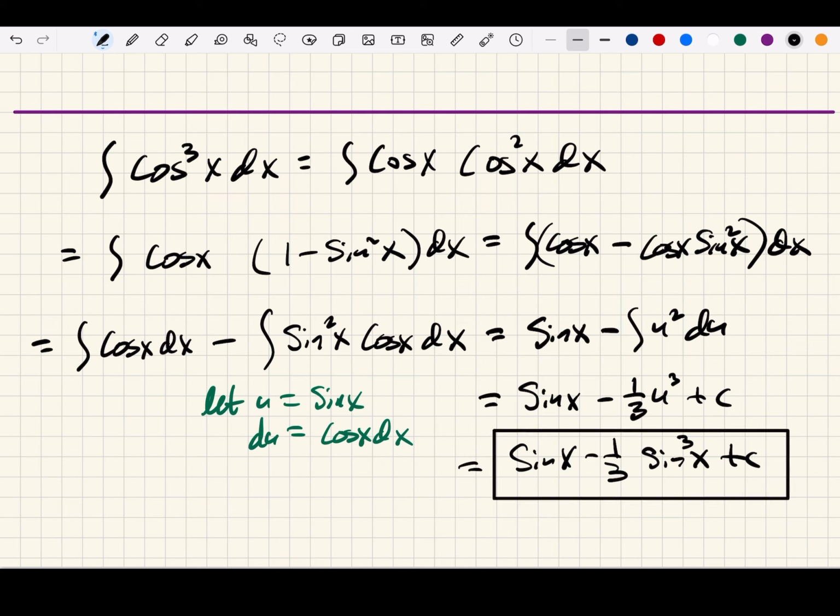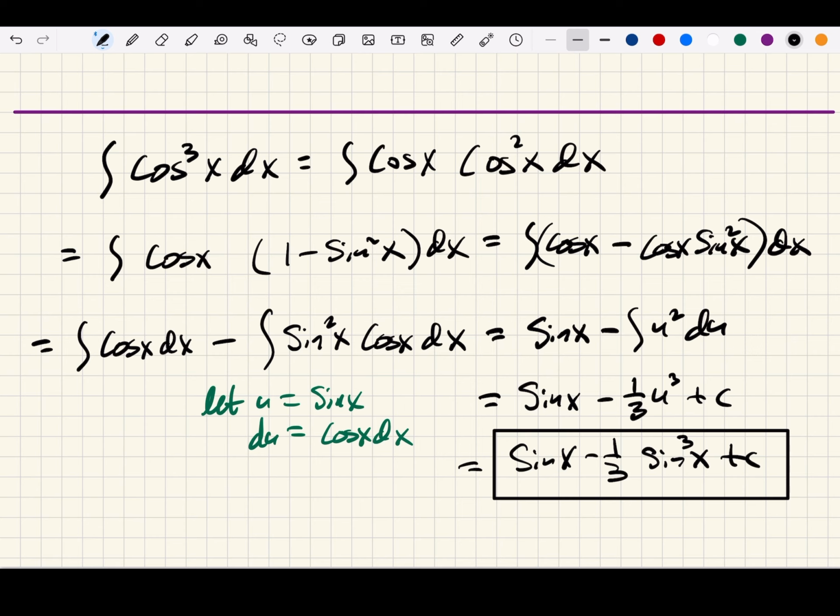Now, this is a strategy. Here's the strategy: if you have an odd number of sines or cosines, then use a Pythagorean identity.